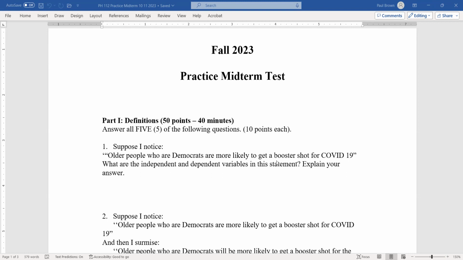So what's the independent and dependent variable? Independence of Democrats. That's right. And how would you explain why that is? You might want to try and use the factor one and factor two thing.